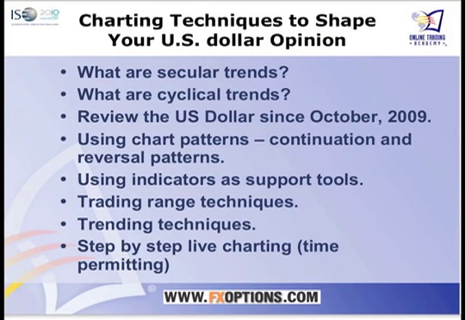So today we're going to talk about some goals I have for today, or kind of explain different types of trends, something called a secular trend, something called a cyclical trend. We're going to take a look at what happened to the U.S. dollar since we did our last presentation in October, kind of review what happened since we talked about it, what type of chart patterns are always forming as the market's moving.